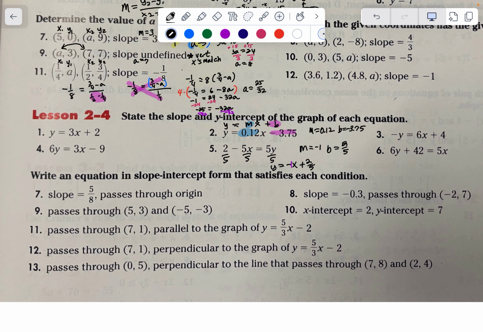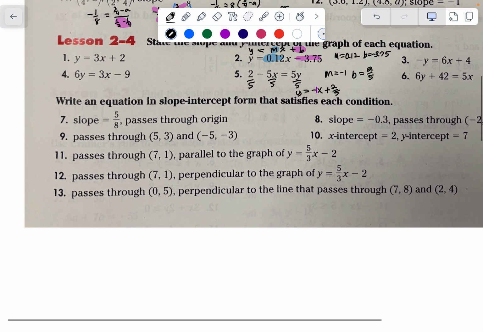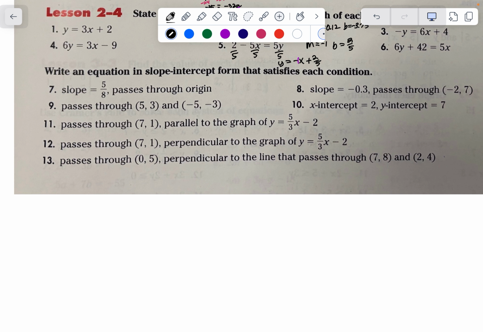Okay, now to write an equation for 7 through 13, there are 3 steps you want to write on the top of your paper. The first step is to find the slope.